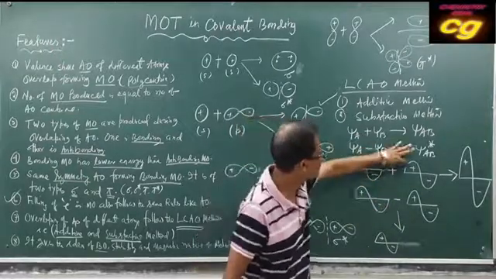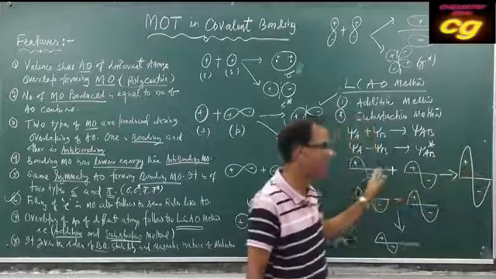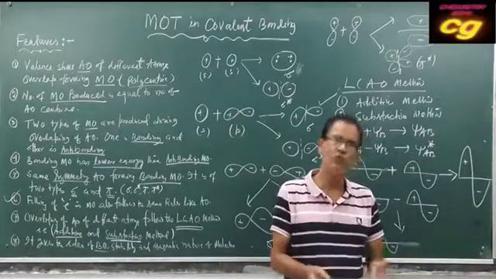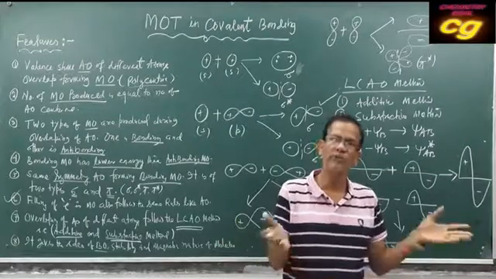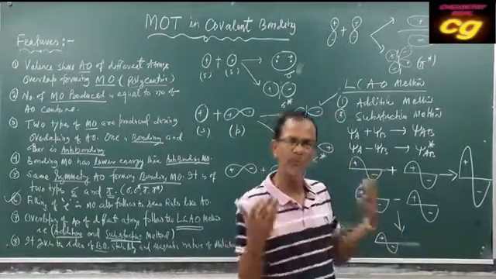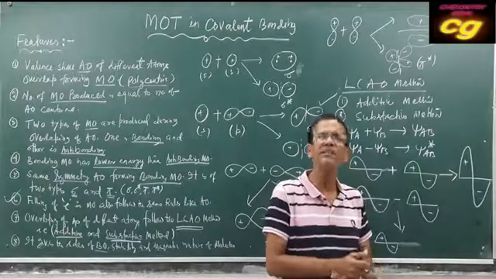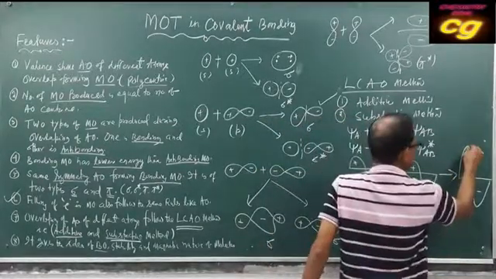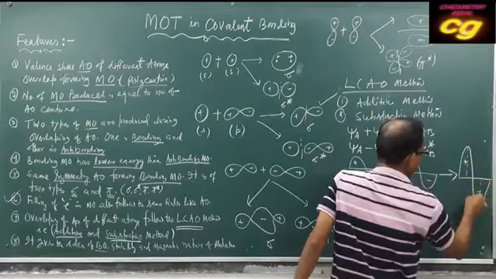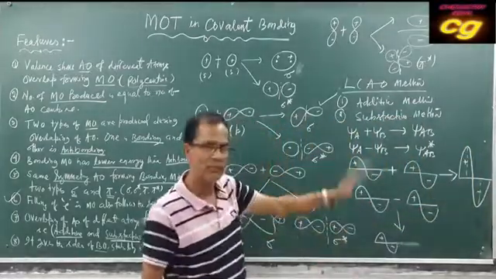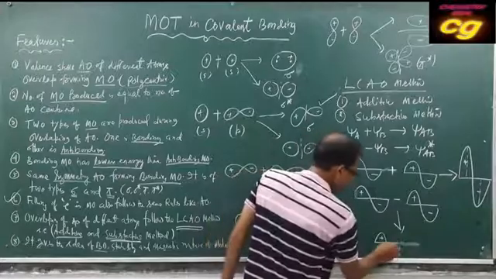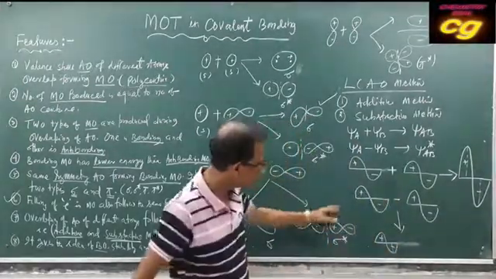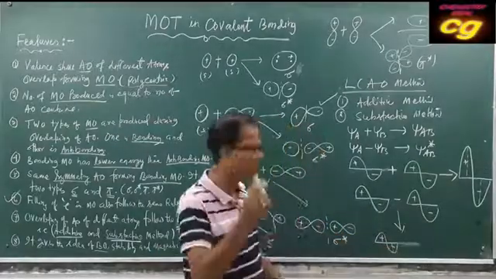In the addition method, this is the interference of waves. When two waves are added or subtracted, the amplitude can be increased or decreased. During addition, the amplitude increases, above and below, and in subtraction the amplitude decreases. When both are subtracted, the amplitude will be decreased and a very small value will come.